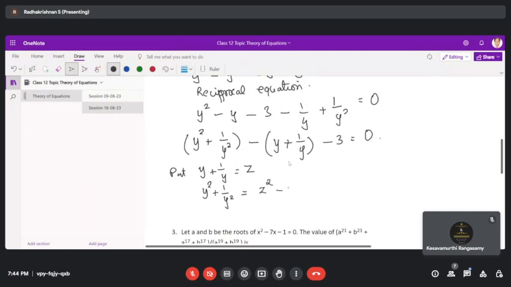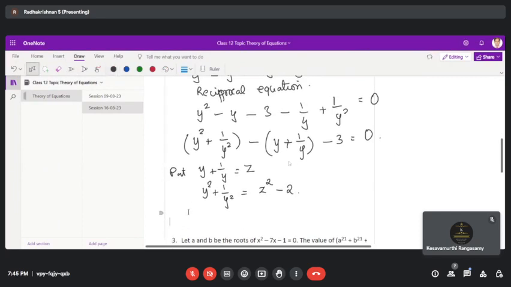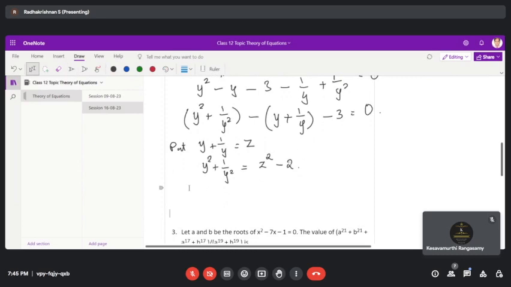So this equation is going to become z square minus 2 minus z minus 3 equal to 0. Okay, z square minus z minus 5 equal to 0.